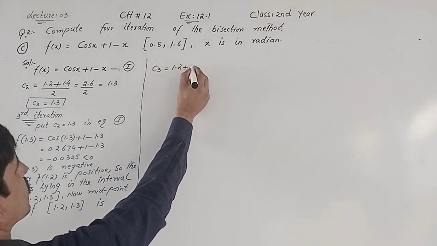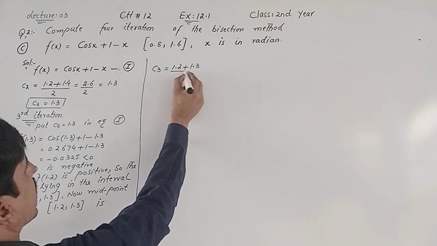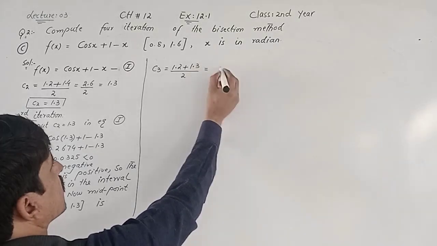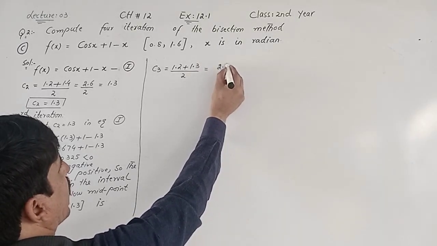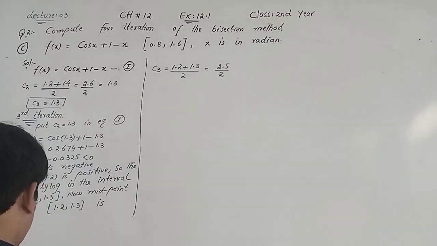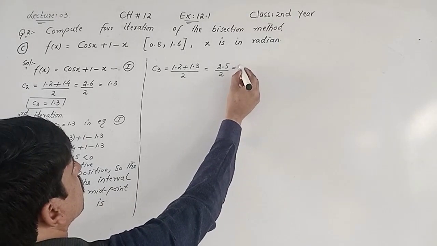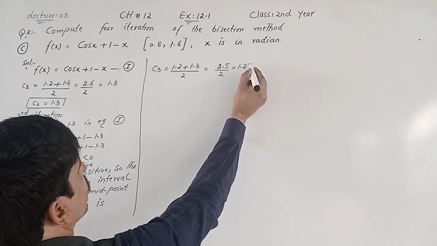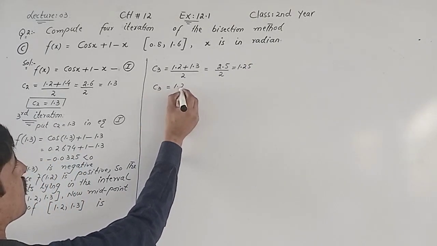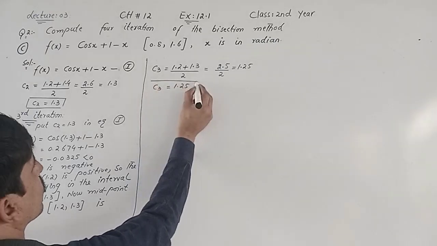1.2 plus 1.3 divided by 2, so we get 2.5 divided by 2, which is 1.25.